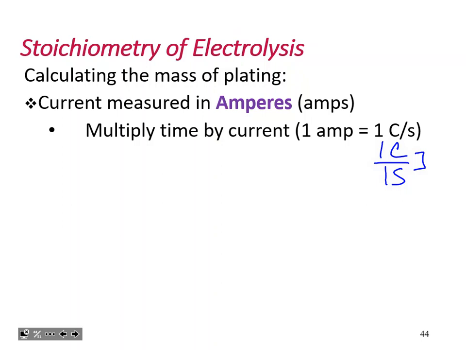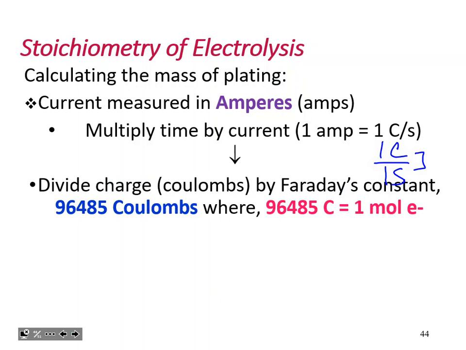Because once you're at coulombs, you use Faraday's constant. And Faraday's constant you could set up as a conversion factor as well, where you have the 96,485 coulombs per 1 mole of electrons.